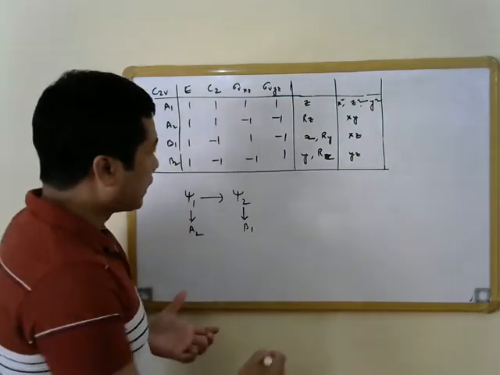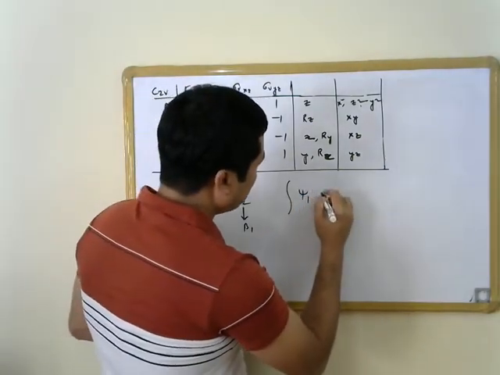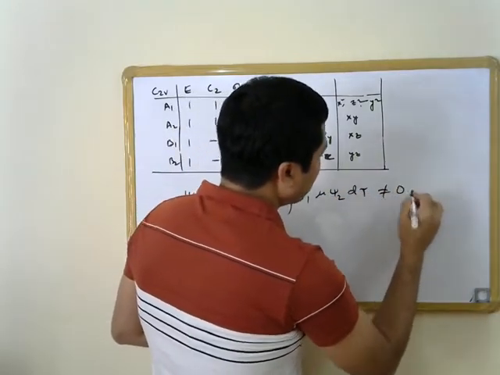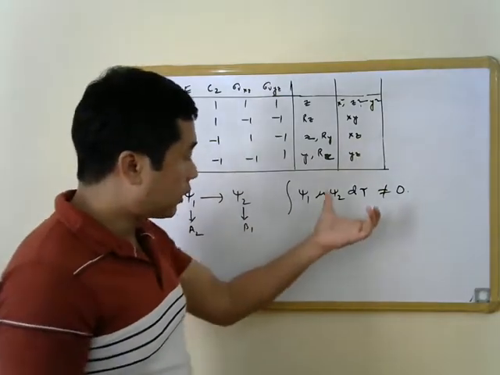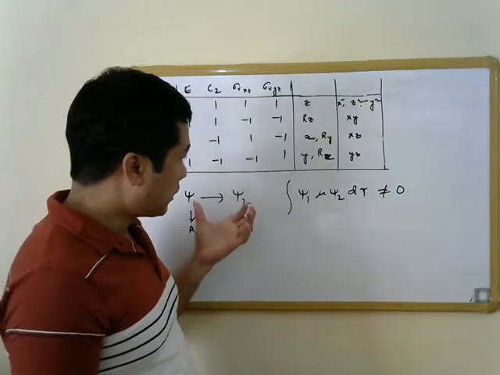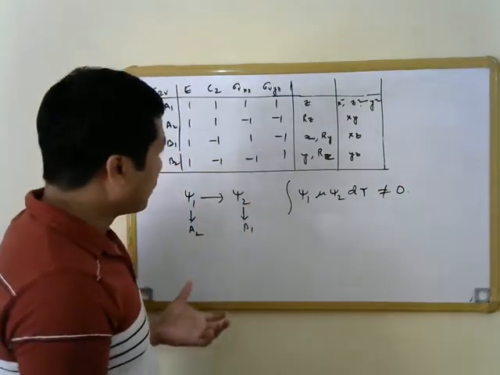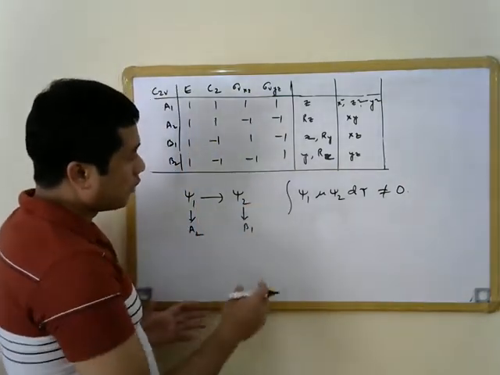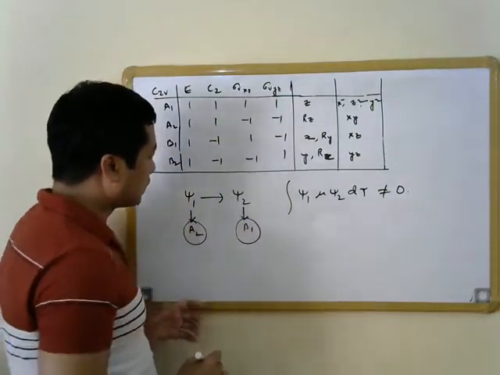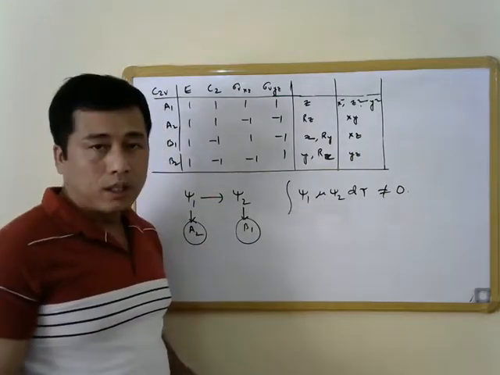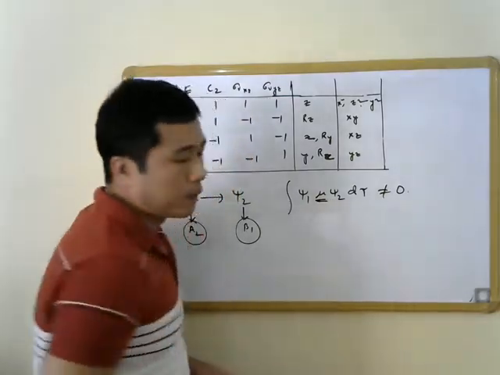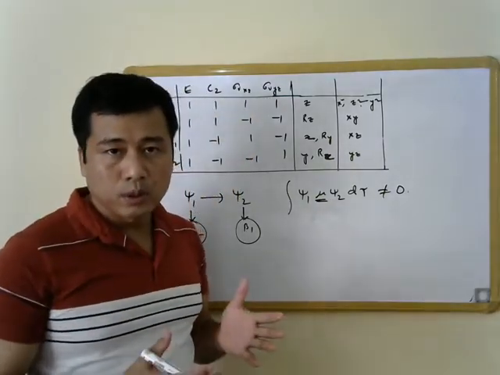The integral of psi1 mu psi2 d tau must be non-zero for this transition to be symmetry allowed, so we find the direct product of the irreducible representations which form the basis for these wave functions. We should also know what mu is, which is the transition moment operator.